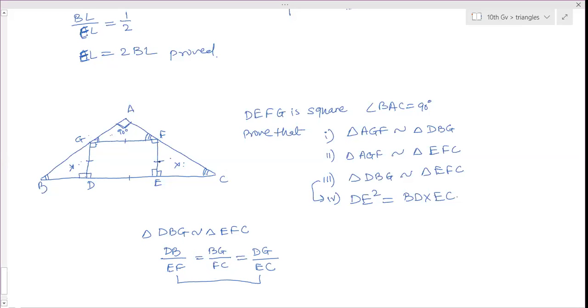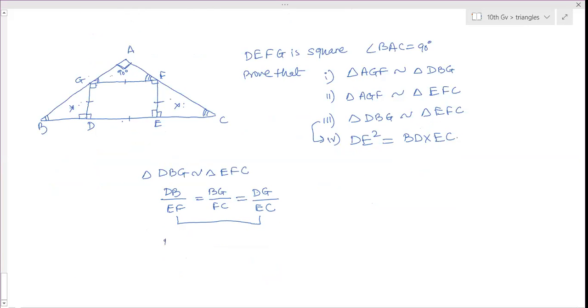Both are equal to DE. EF is also equal to DE, it is a square, and DG is also equal to DE. So therefore DE square is equal to BD into EC. Is that clear? Yes, ma'am.